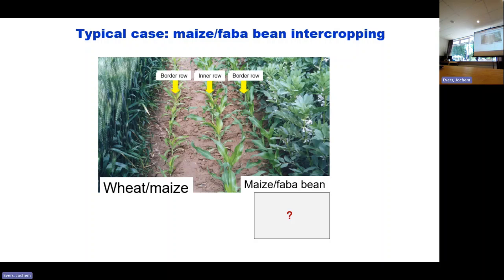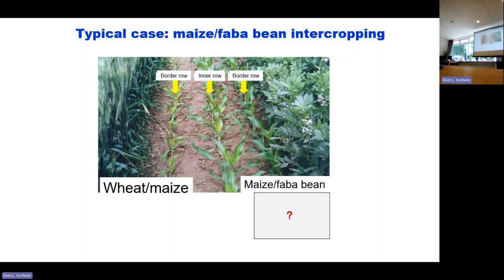Okay, we want to use this perspective to explain what we see in the field, because this is a very typical photo of intercropping. Here wheat is intercropped neighboring with maize. But maize is depressed by the wheat, because wheat is sown earlier and is tall, leaving less light for the maize.